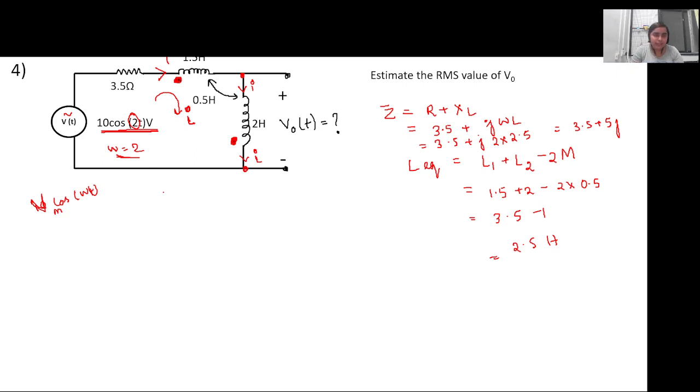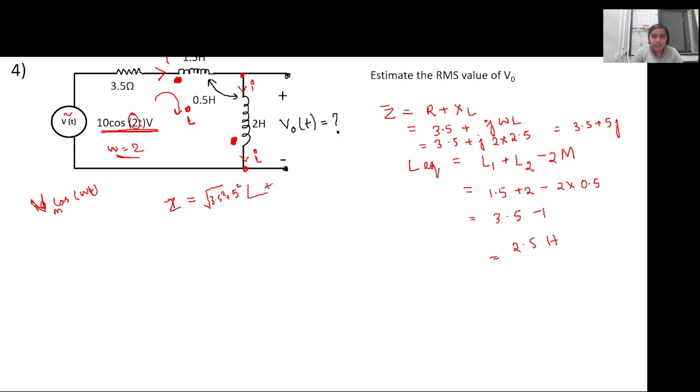So in order to calculate I, we can convert it to phasors. So can we write Z in terms of a magnitude and an angle? What will be the magnitude? Root under 34 at angle of 59.03. Okay, so it will be square root of 3.5 square plus 5 square, right?